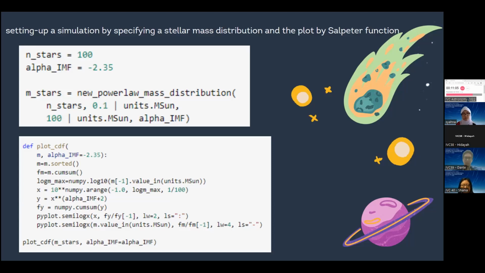And we determine the m stars randomly. And after that, we plot the x and y, where x is the mass of the stars and y represents the cumulative probability. So we will see the plot next.